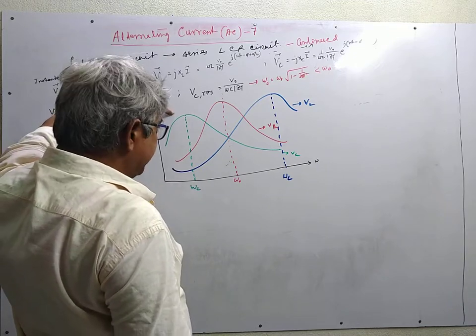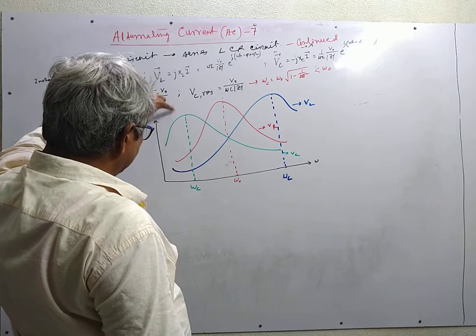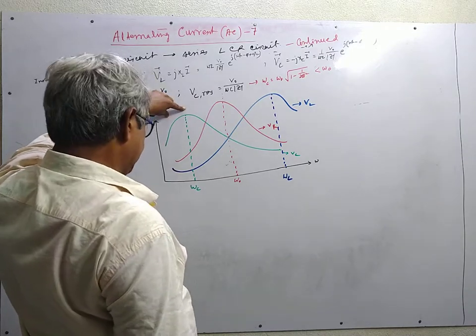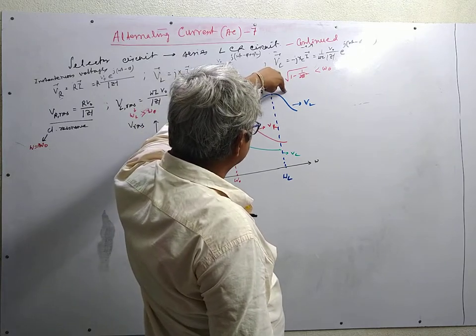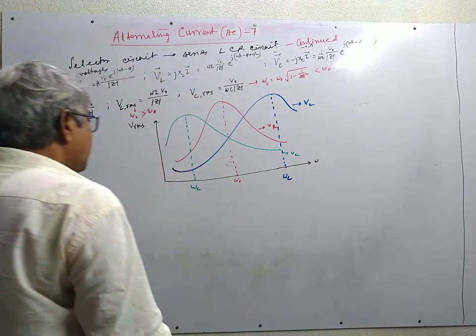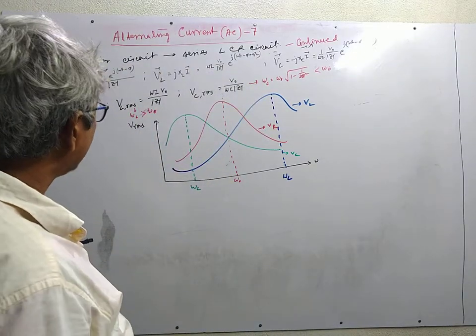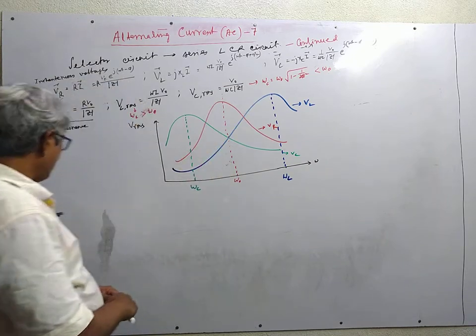If we measure the voltage across the capacitor, VC, it acts as a low pass filter, and if we measure the voltage across VL, it acts as a high pass filter. The most interesting thing is that at the resonance, VL and VC are the same.